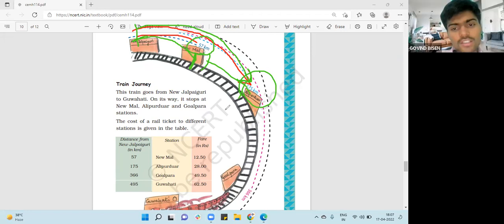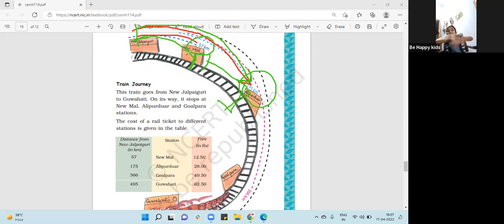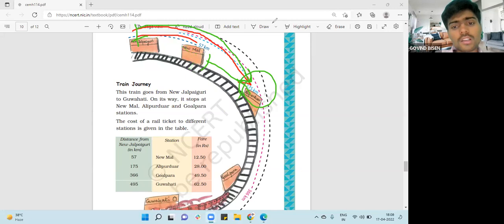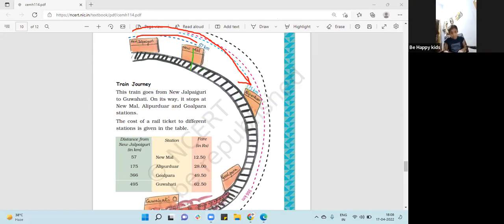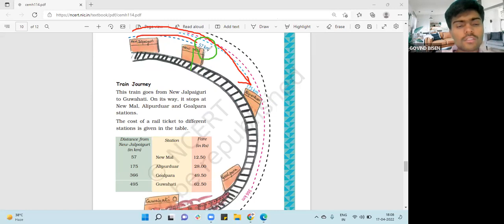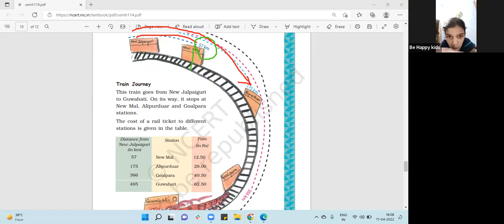So 175 kilometers is the distance between New Jalpaiguri and Alipurdwar, right? Till New Mall, can you see where New Mall is?